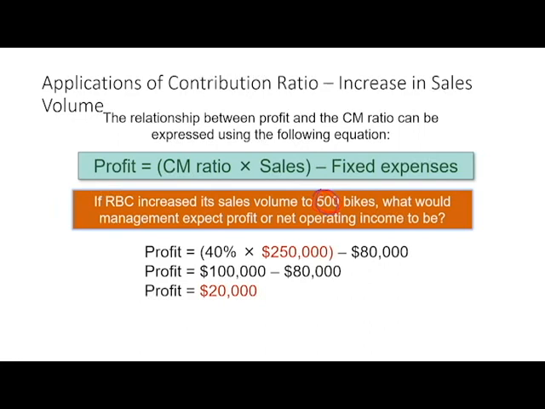Using the CM ratio, profit is equal to CM ratio times sales minus the fixed expense. So 40% times 250,000 minus the fixed cost, and we simplify this equation and we get a profit of 20,000.